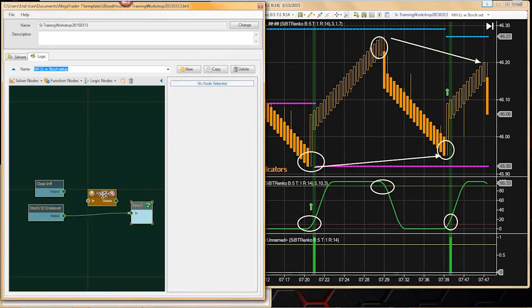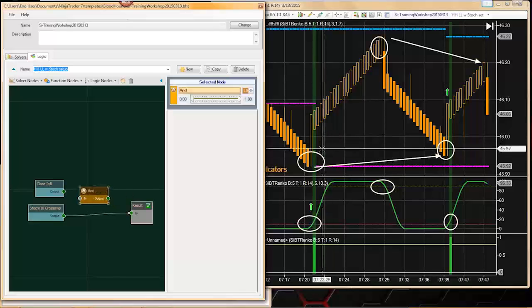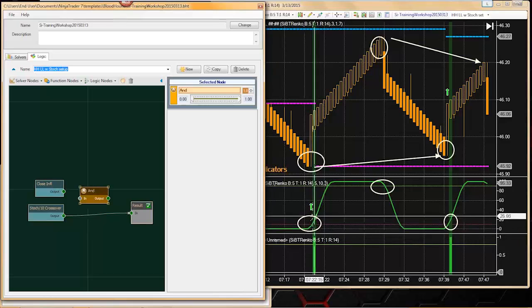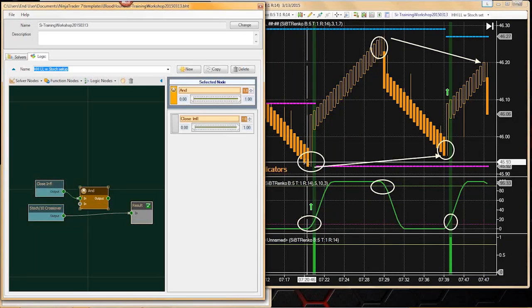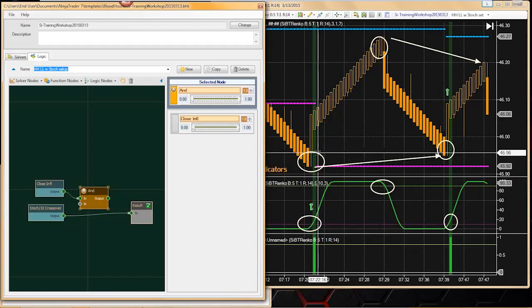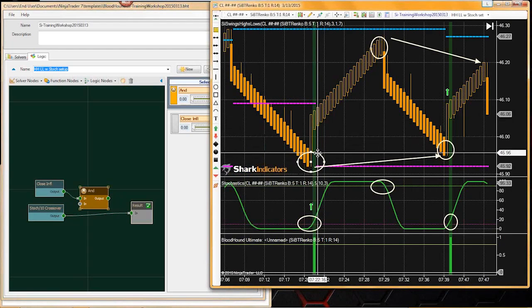Essentially both of these conditions, the price reversing and the stochastic crossover, need to happen. It's one condition, and we've broken it up into its two individual components for BloodHound. And so those two components create our first trade setup condition.